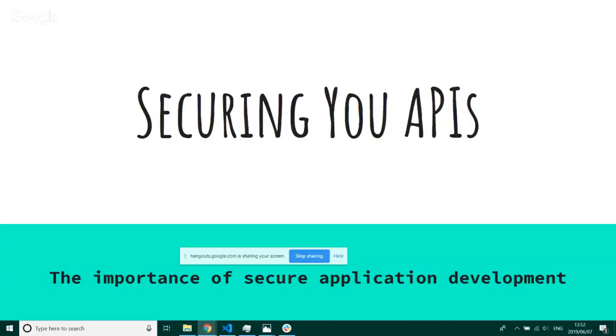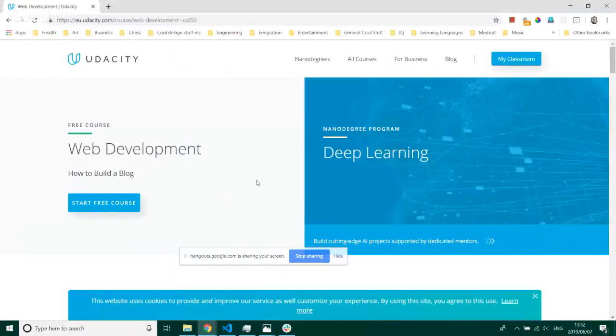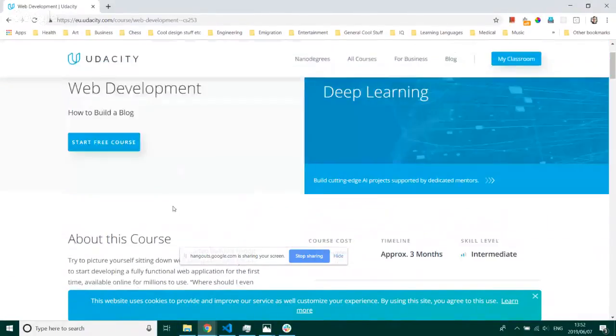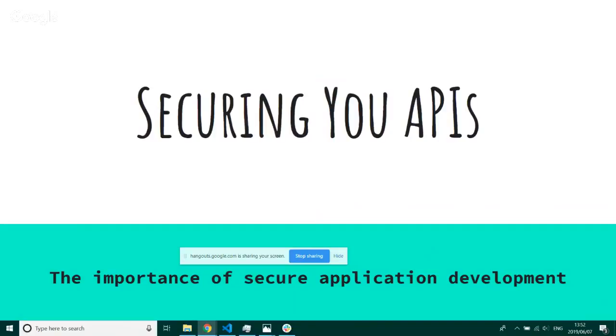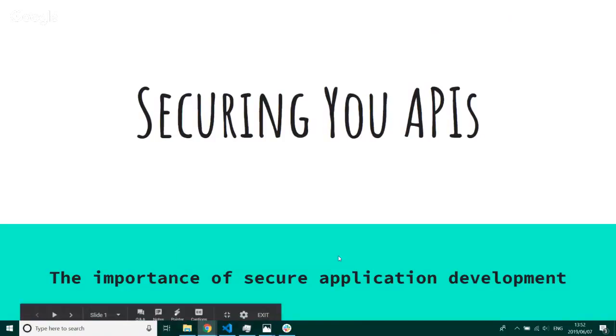This is a course presented by Steve Huffman, one of the co-founders of Reddit. It's pretty cool to hear how they stored all of the user information on his computer, which obviously got stolen. So that was a big security scare. So it's pretty important to secure your applications, and therefore, secure your APIs.